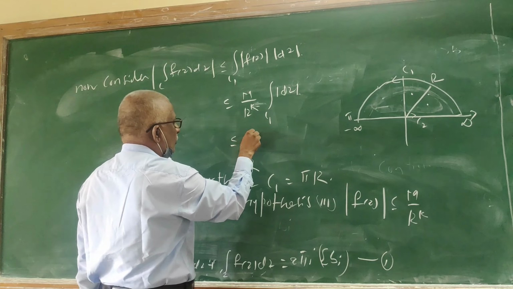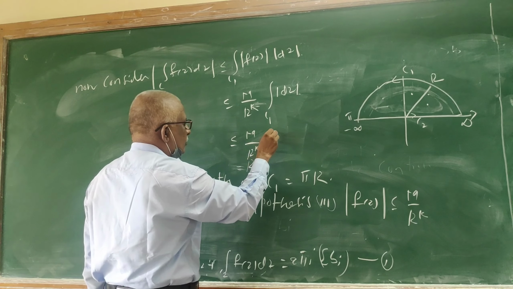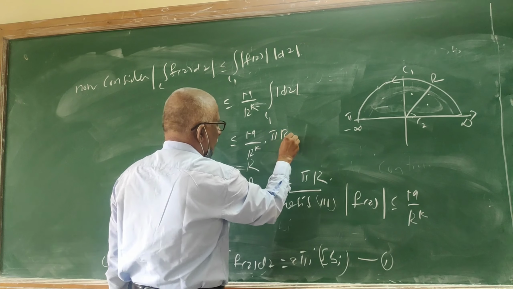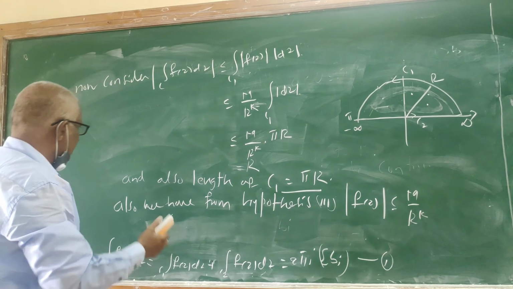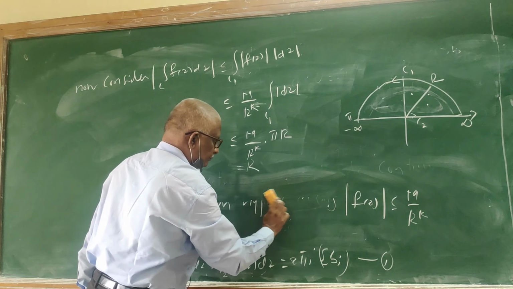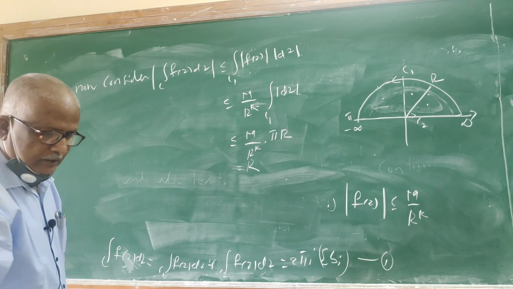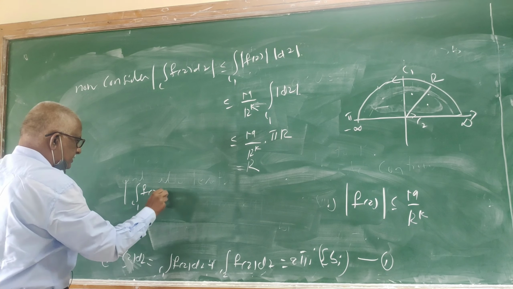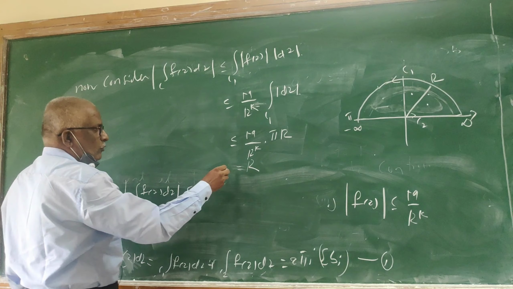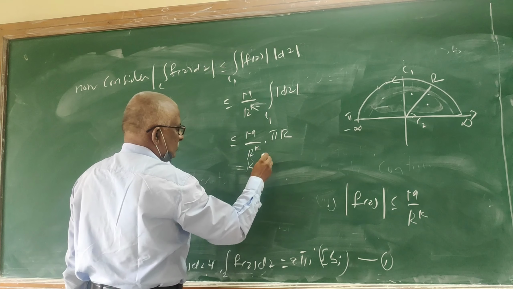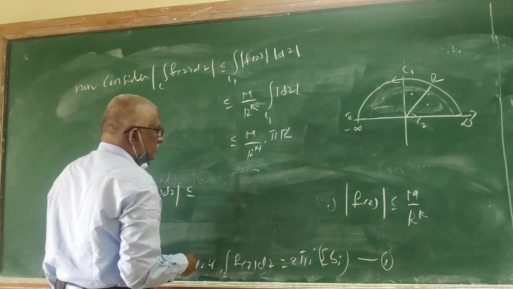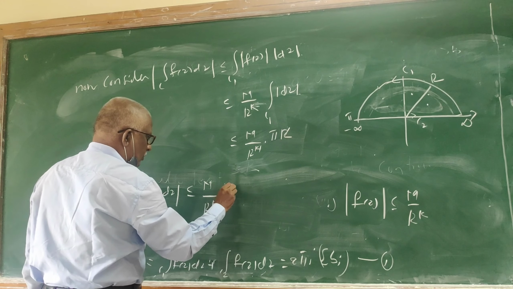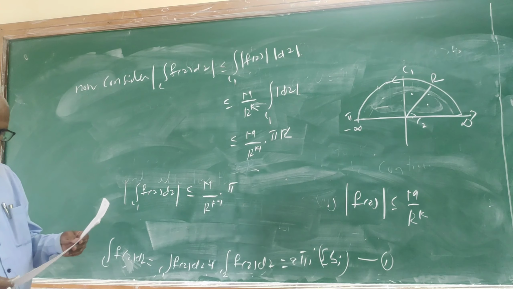So this is equal to m by r raised to k into the length of curve C1, which is pi into r. And ultimately, one r gets cancelled. So the modulus of the integral over C1 of f of z dz is less than or equal to m by r raised to k minus 1 into pi.